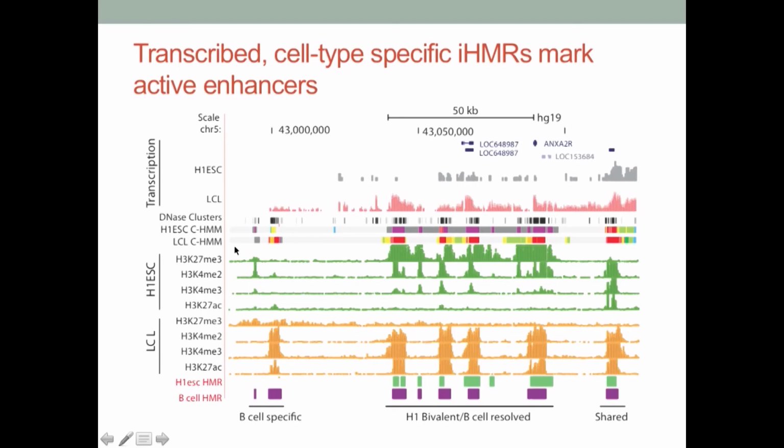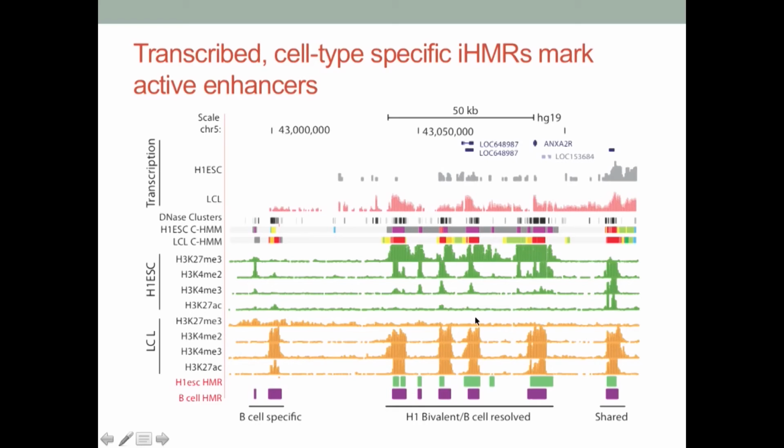On this side, we have an example of a cluster of HMRs that are shared in both cells, but they're silent in H1. So there's strong enrichment for H3K27 trimethyl, and some enrichment for other marks, which makes this sort of a bivalent state.